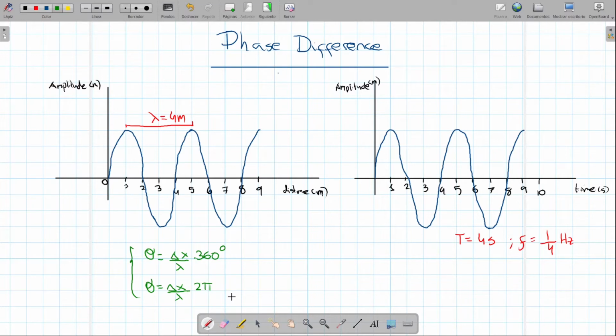And if we're looking at this type of graph, the phase difference is going to be the difference in time divided by the period, multiplied again by either 360 or 2 pi if we want it in radians.